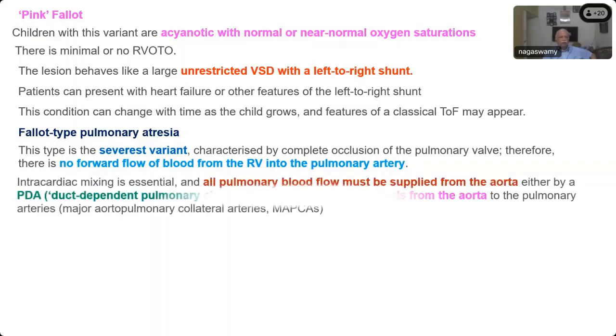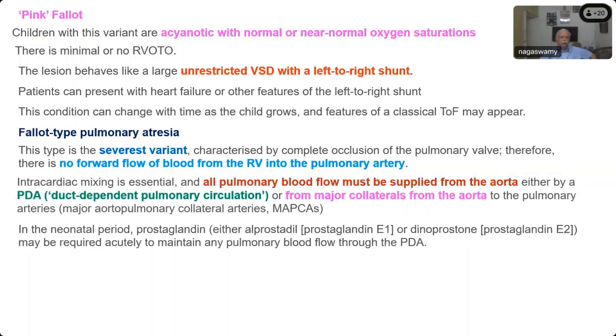Another classification they ask you about is duct dependent and duct independent. These Tetralogy of Fallots are usually duct independent. They don't depend on any collateral flow from other systemic communications.